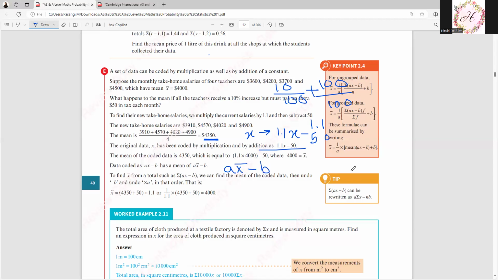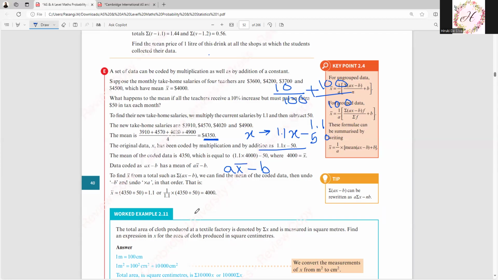The same thing happens. So to find x bar from a total such as this value, we can find the mean of the coded data and then undo the minus b and undo the multiplication by a. That means these two operations. First we need to undo the subtraction of b, and then we need to undo the multiplication as well.